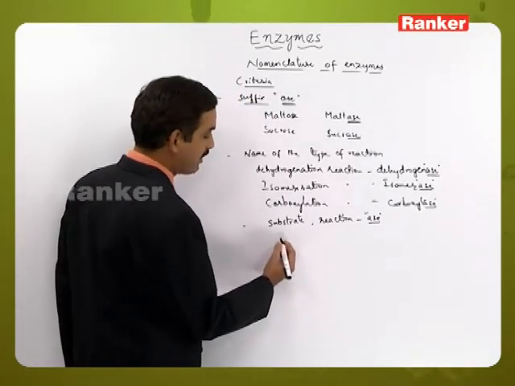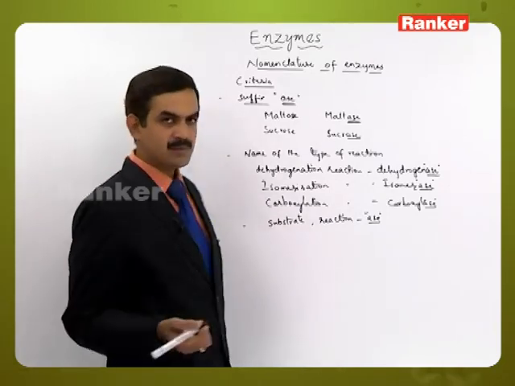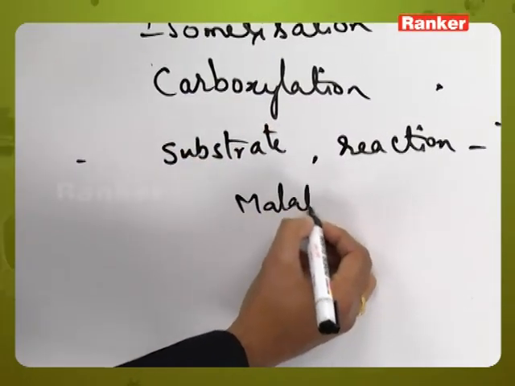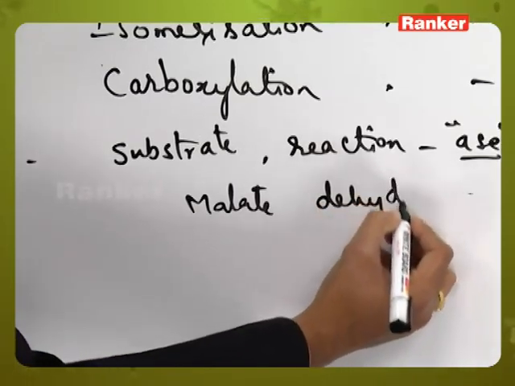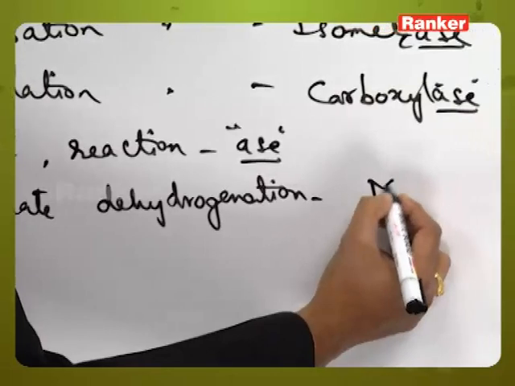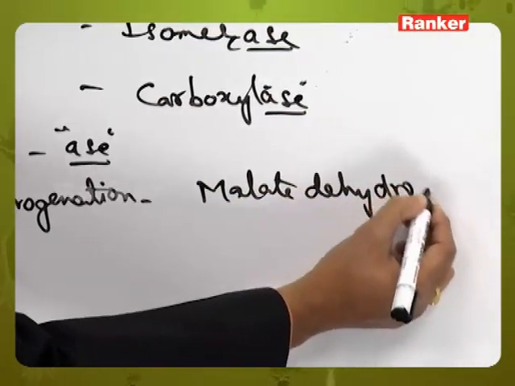For example, if any substrate is participating in some type of reaction, like malate is a substrate molecule which is participating in the dehydrogenation reaction, we call it malate dehydrogenase.